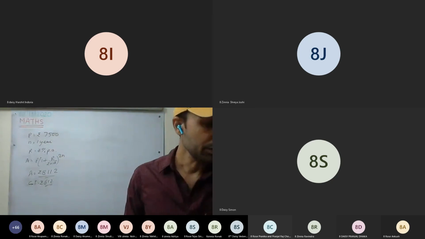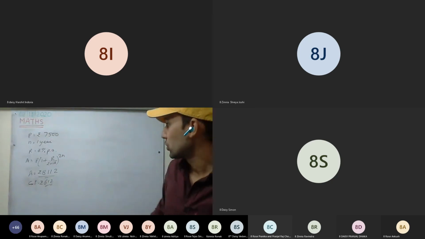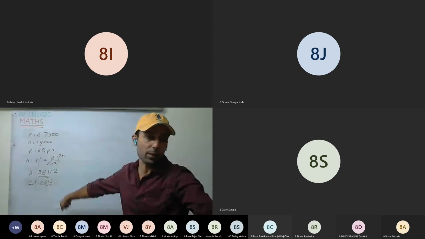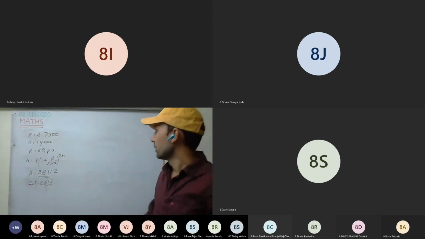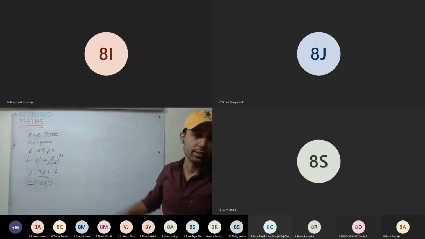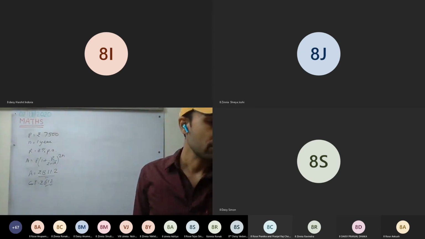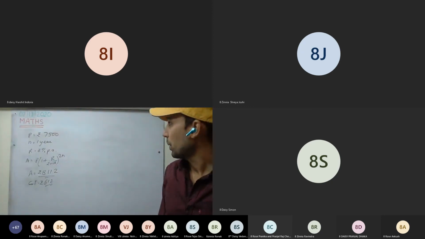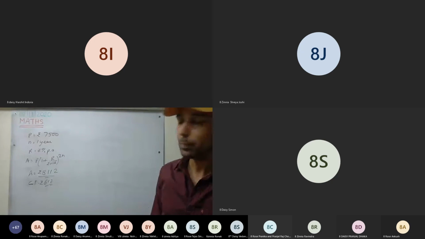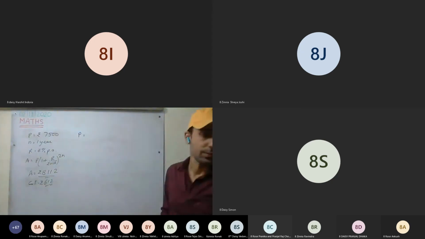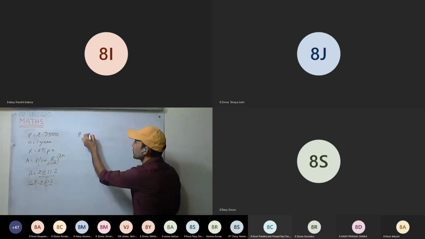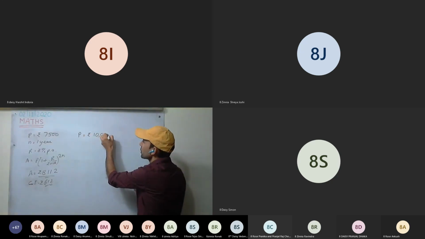14th question. Find the amount and the compound interest on rupees 10,000 for 1 year, compounded quarterly at the rate of 12% per annum. Principal is rupees 10,000.